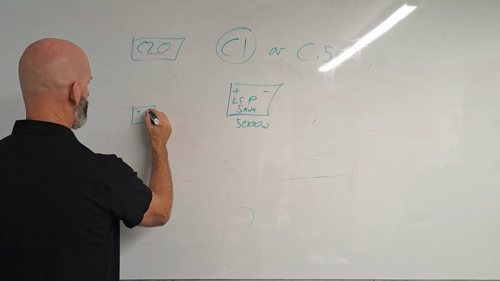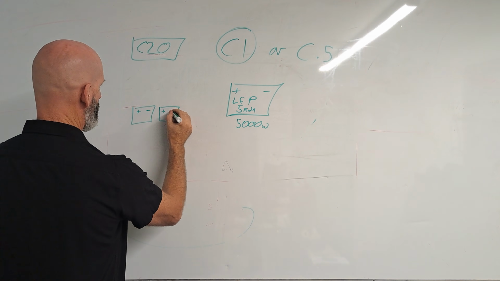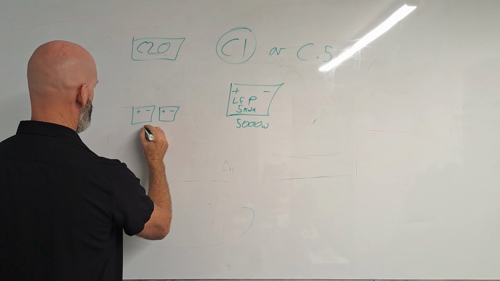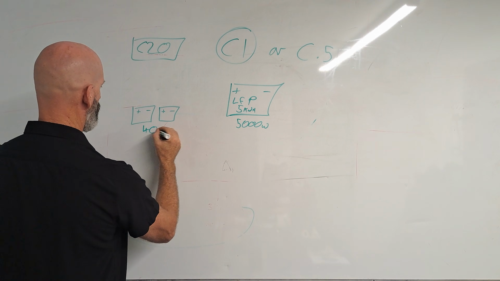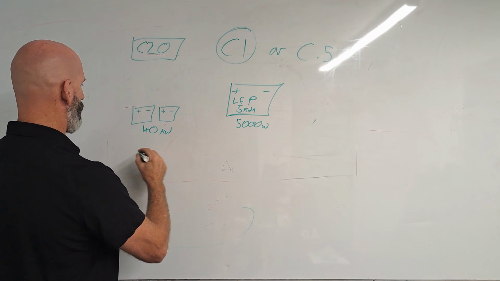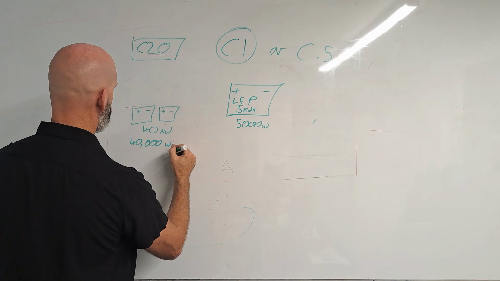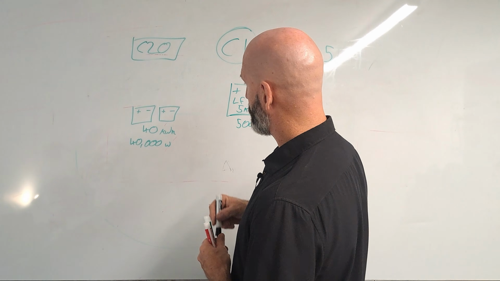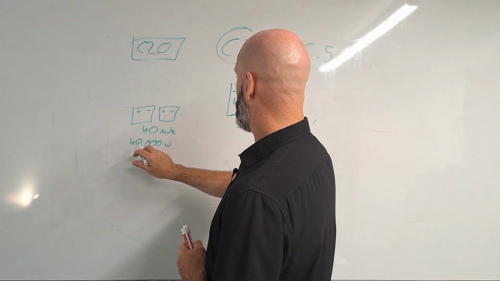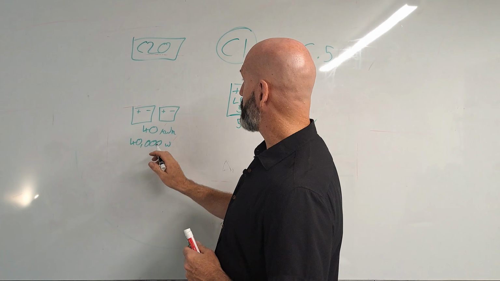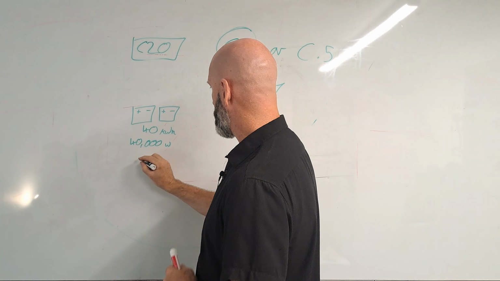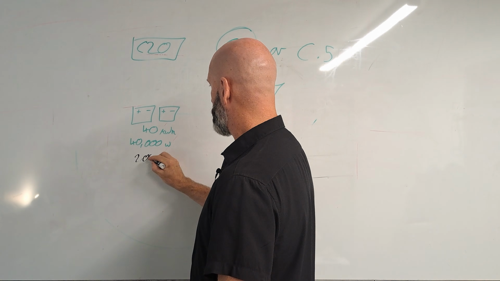So let's say we've got a big battery bank, 40 kilowatt hours like we were speaking about before. That's 40,000 watts. The C20 rating means that 40,000 watts has to be divided by 20, which gives us 2,000 watts.